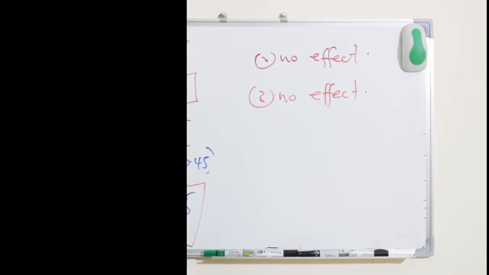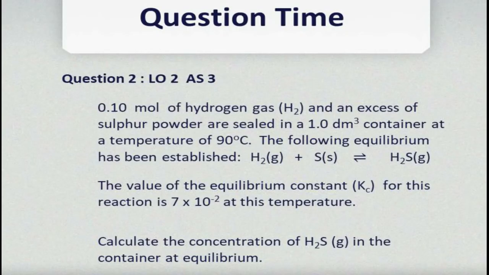Okay, question number 2. We are told that 0.10 moles of hydrogen gas and an excess of sulfur powder are sealed in a 1.0 decimeter cube container at a temperature of 90 degrees.